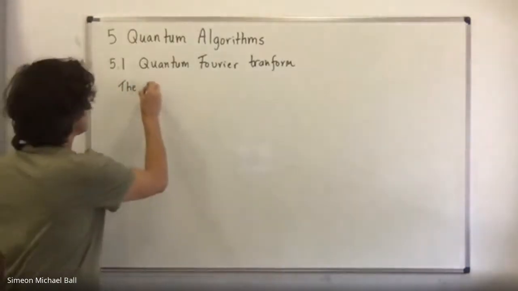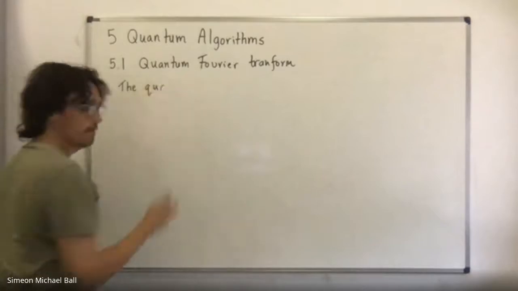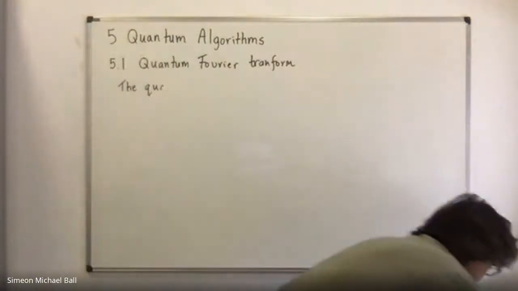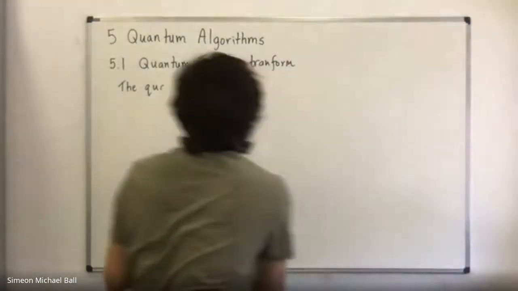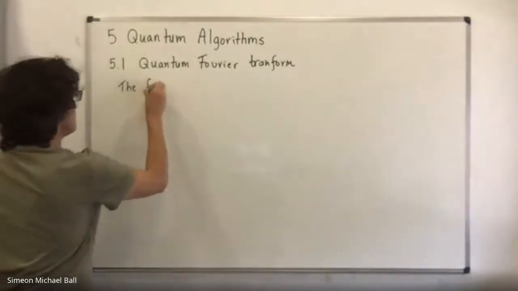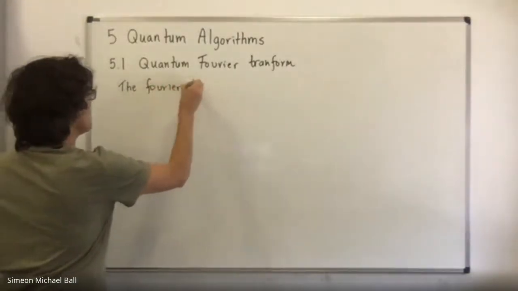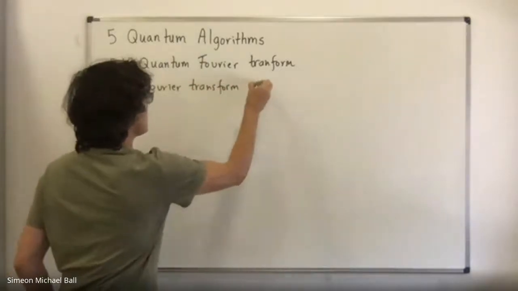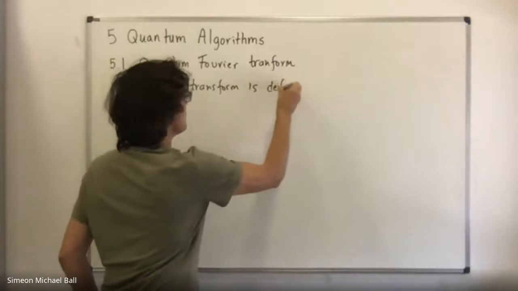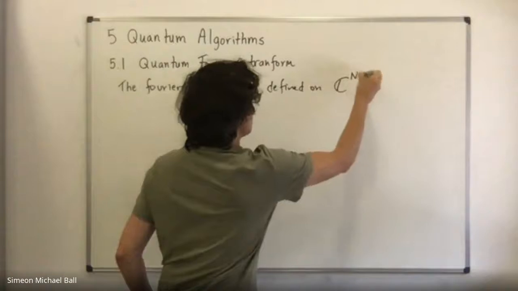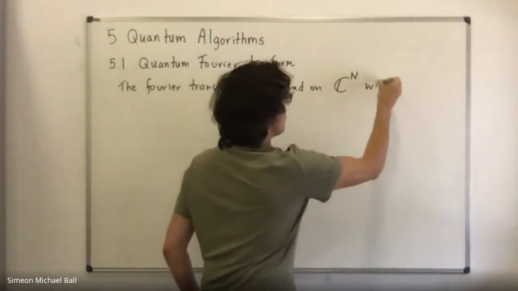So we have the Fourier transform defined on, let's say, C^N with orthonormal bases.